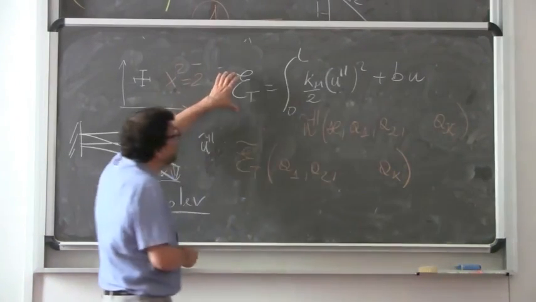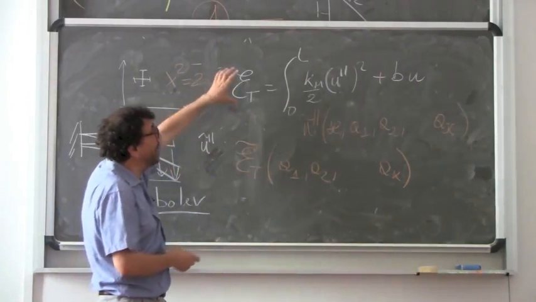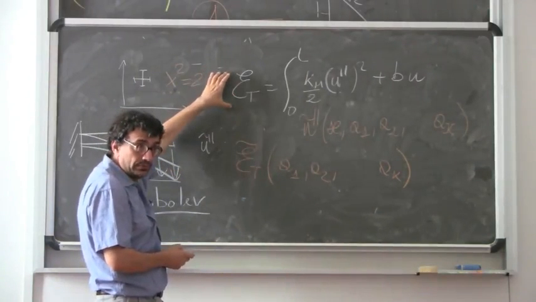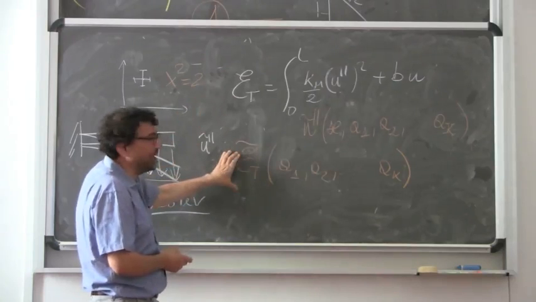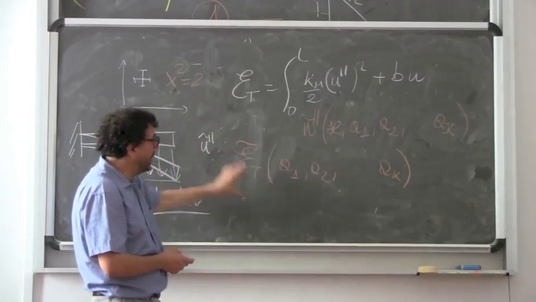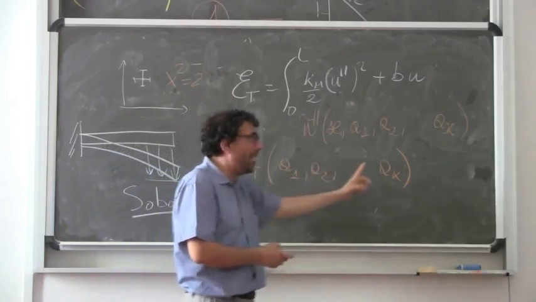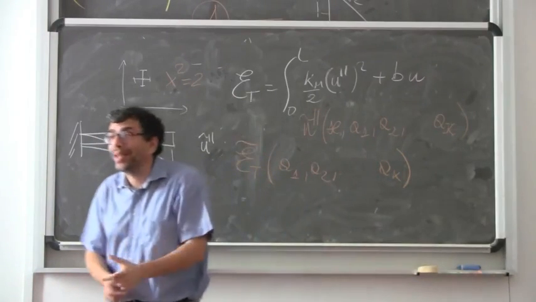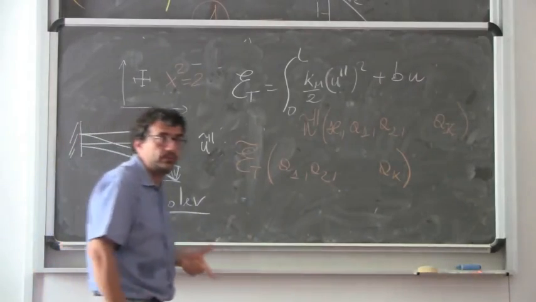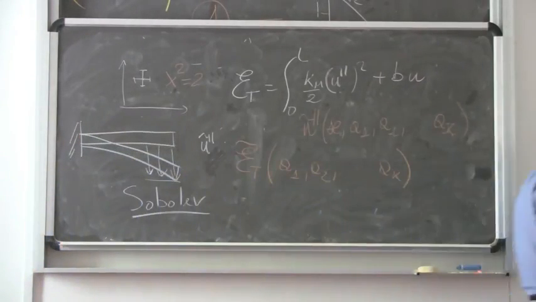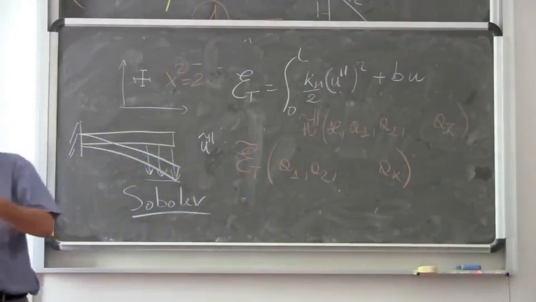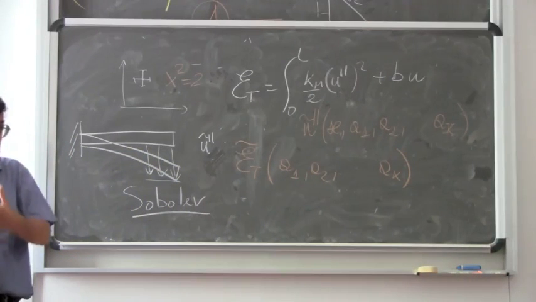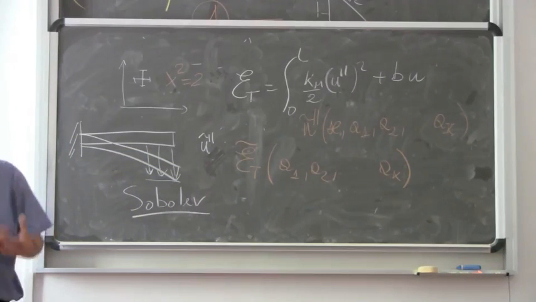So instead of having a rule which for every shape u of s gives you back a number, the deformation energy, you have here a rule that to every A1, A2, AK gives you back the deformation energy. So this is a kind of simplification of your problem, for transforming a non-computable problem in a computable problem.